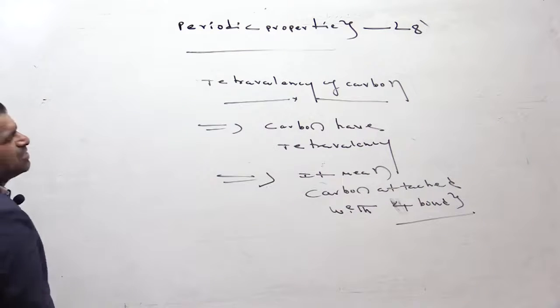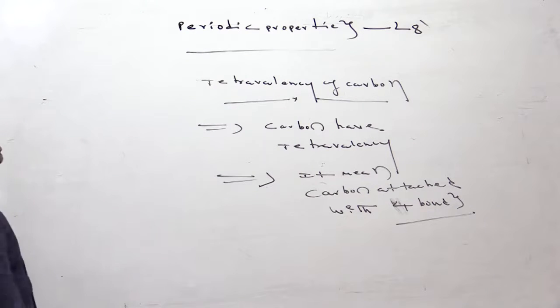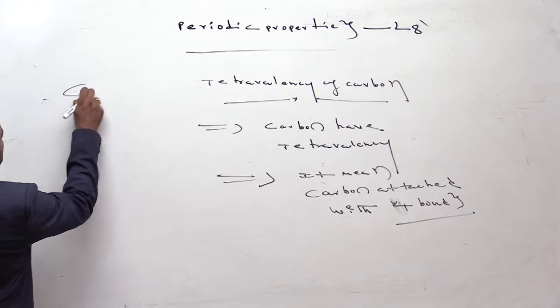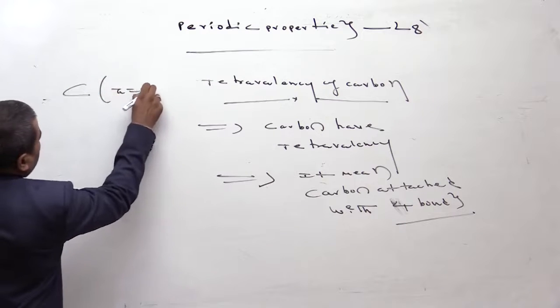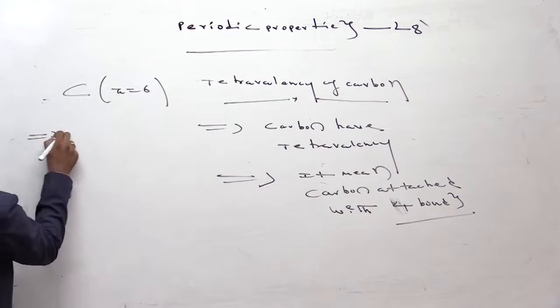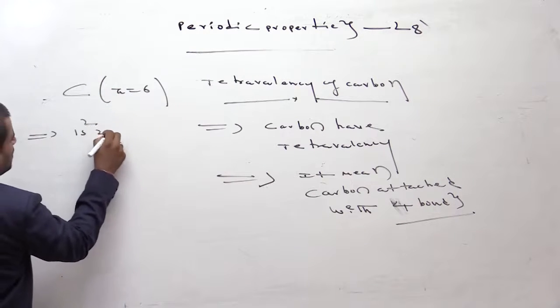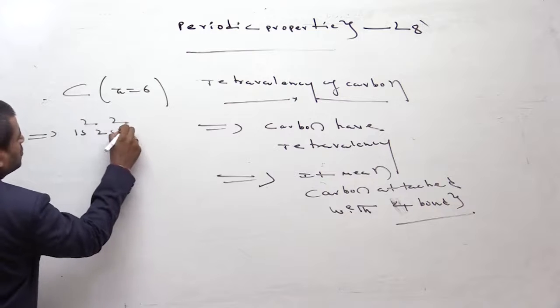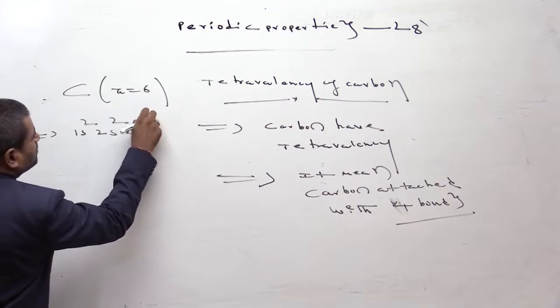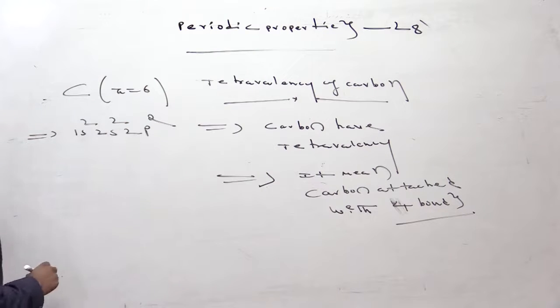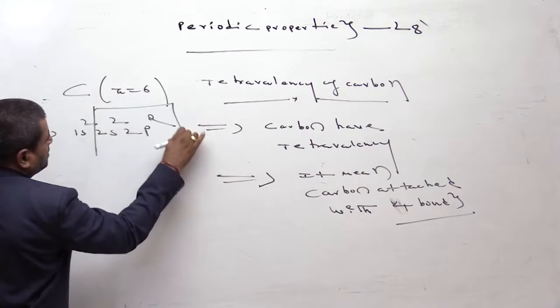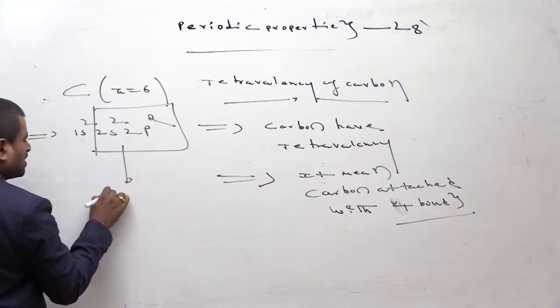Why does carbon show tetravalency? The reason: carbon's atomic number Z is 6, and the electron configuration is 1s2, 2s2, 2p2.